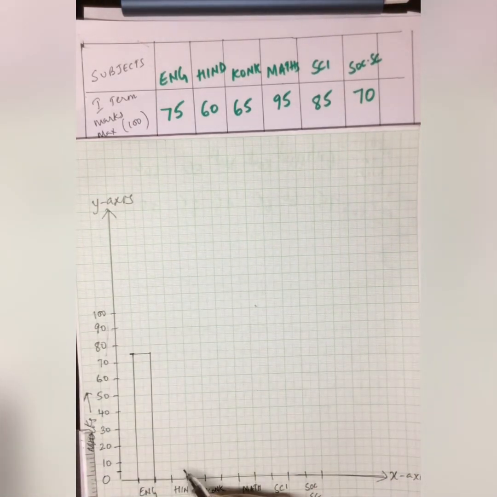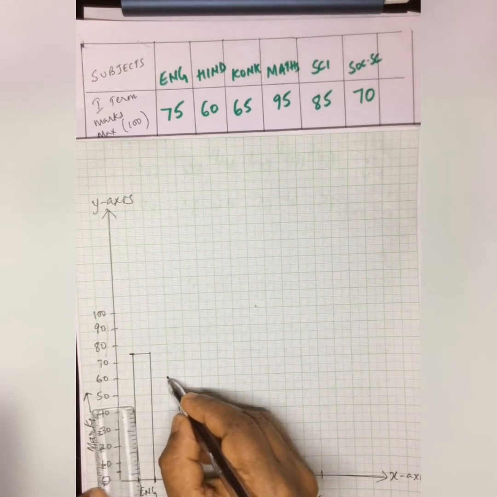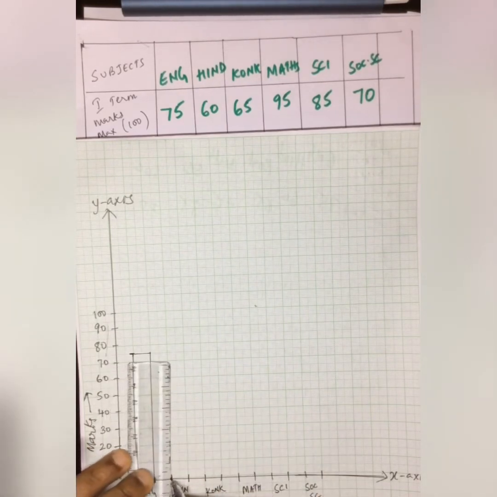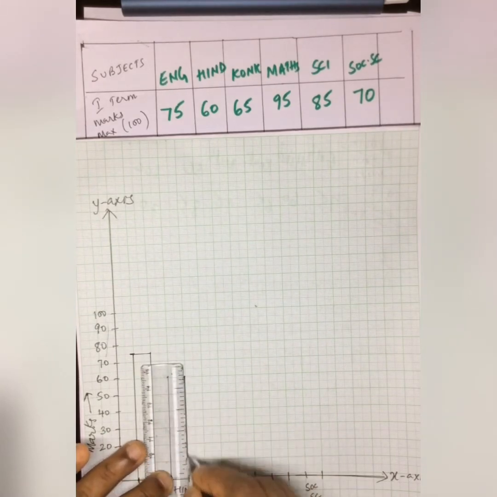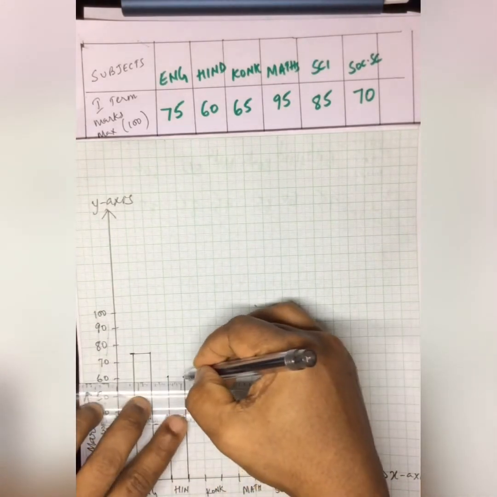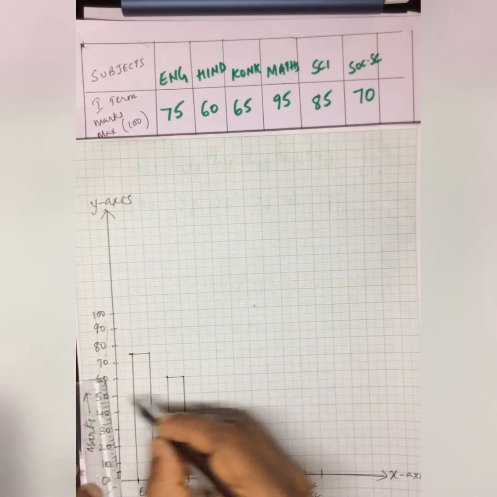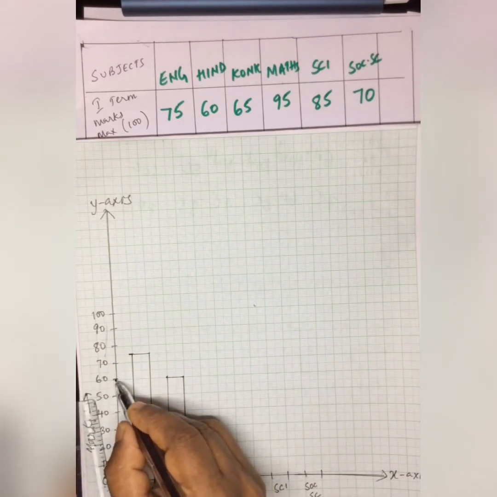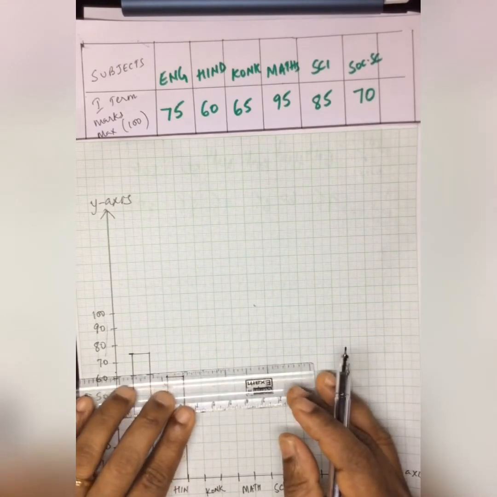Then you go for Hindi. Hindi it is 60. So here it is 60. Then you go for Konkani. Konkani it is 65. So from 60 to 70 I have 10 small divisions. So you count 5, so it will be the midpoint.